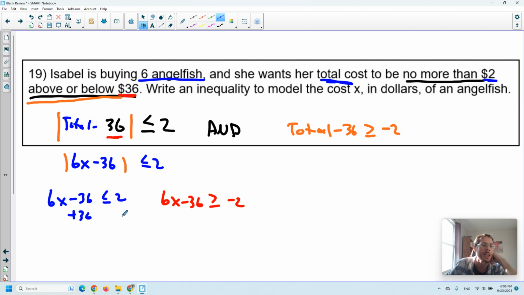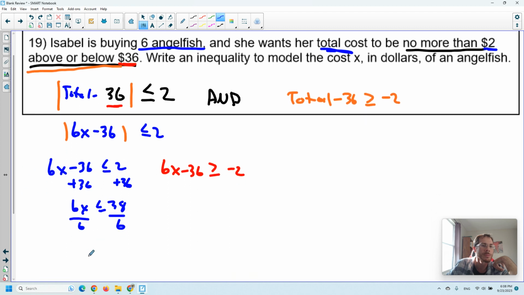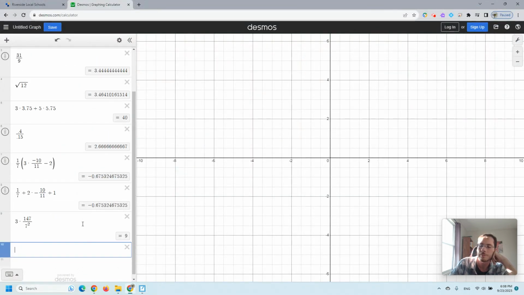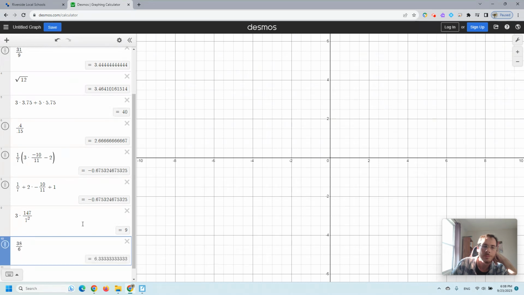Well, either way, we're going to add 36 to both sides. So 6x is less than or equal to 38. We're going to divide both sides by 6. X is less than or equal to, well, this isn't going to be normal. 38 divided by 6. 6.33 repeating.